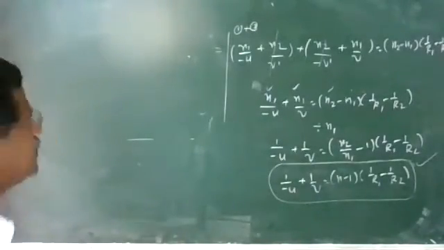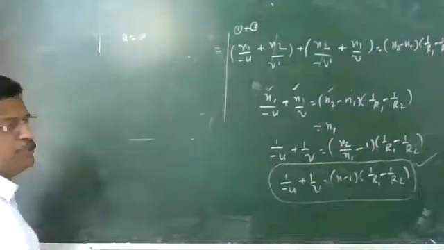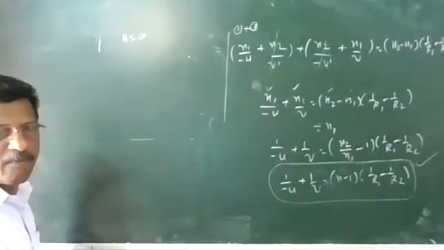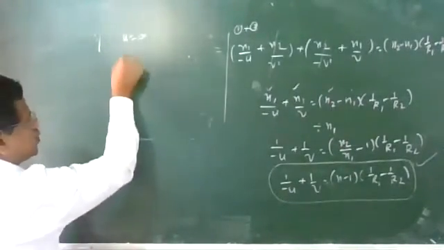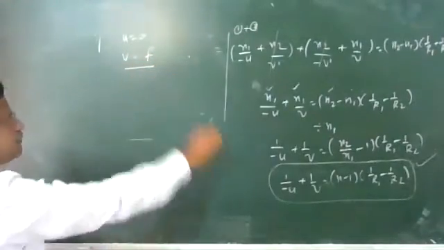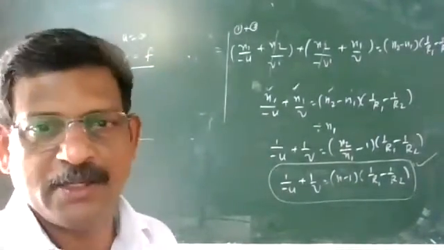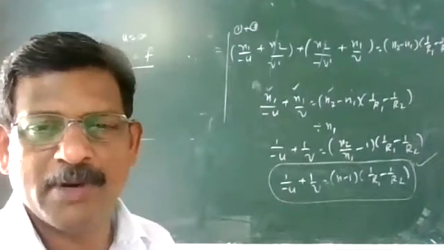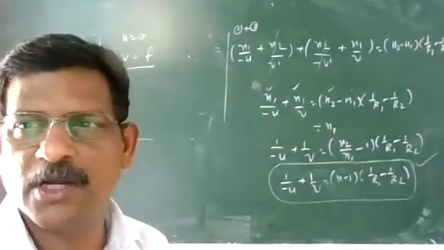Special case means if u equals infinity, the object is at infinity, then where will the image be? The image will be at the focus, so v is equal to f. When the object is at infinity, the image is formed at the focus. The distance of the focus from the lens we call the focal length.